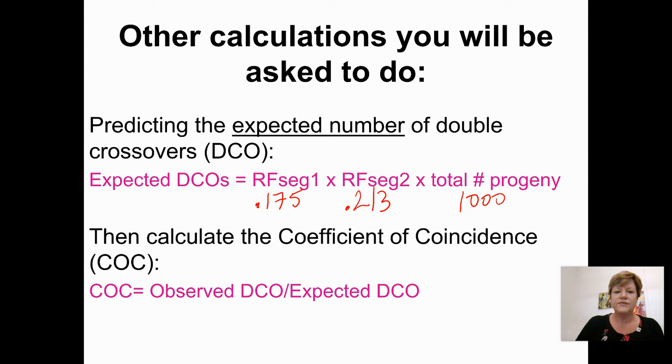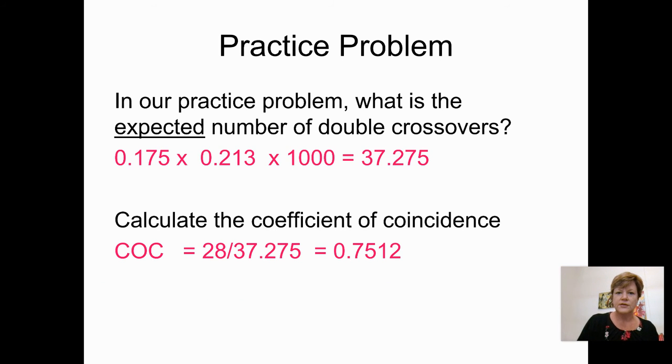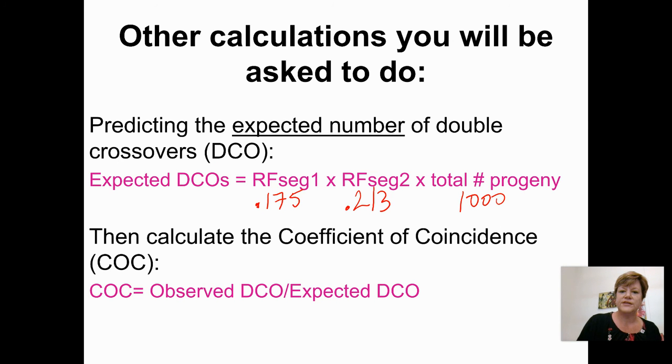And so we're saying if there's a 17.5% chance of a crossover in segment 1 and a 21.3% chance of a crossover in segment 2, then the chance of a double crossover would be the product of the probabilities of those separate events, multiplied by the total. So in this case, I think I put the numbers on the next page, 37.275 is what that comes out to be.